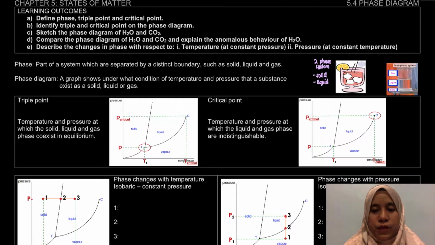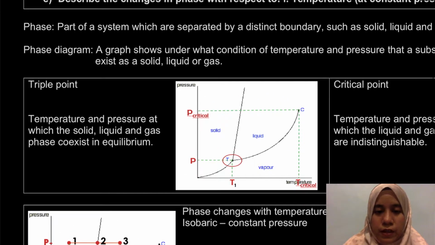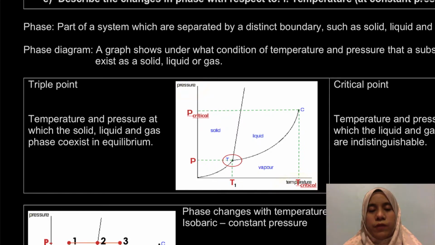For a phase diagram, since it is a graph, we have a y-axis and an x-axis. The y-axis is always pressure, and the x-axis is always temperature. Then for the phase diagram, we combine these: solid, liquid and gas, or vapor, either name works.